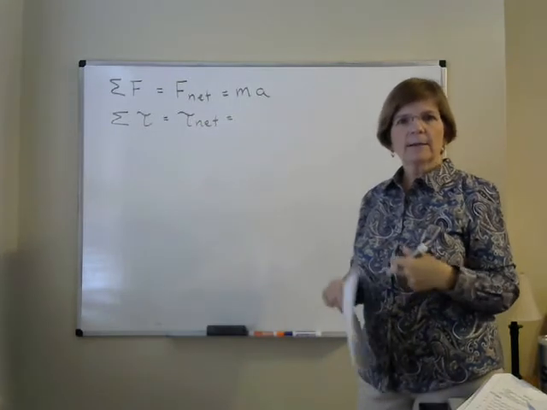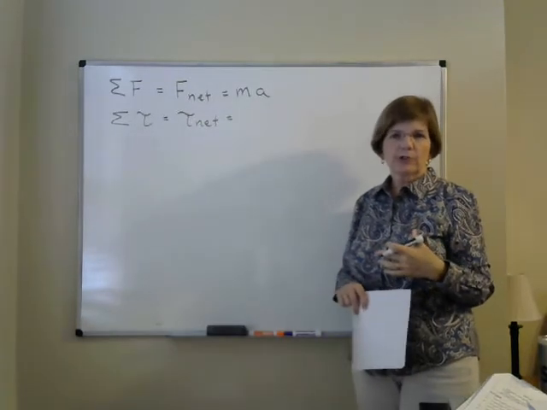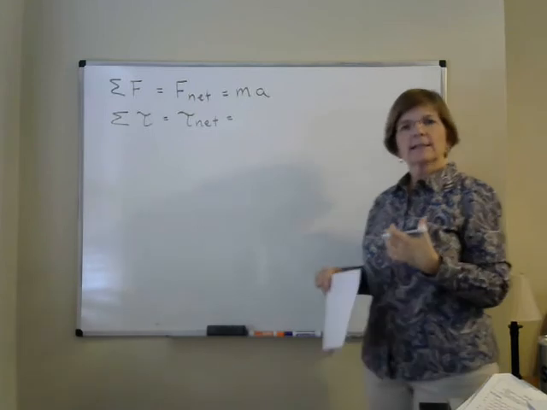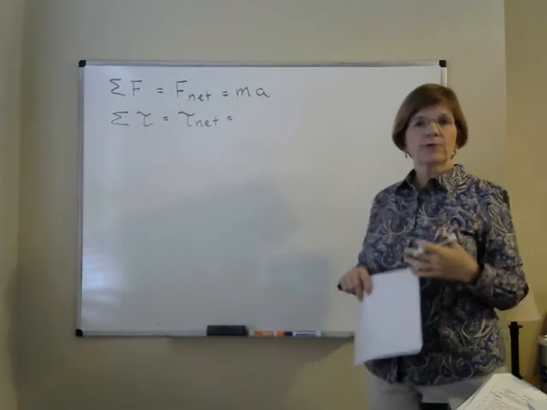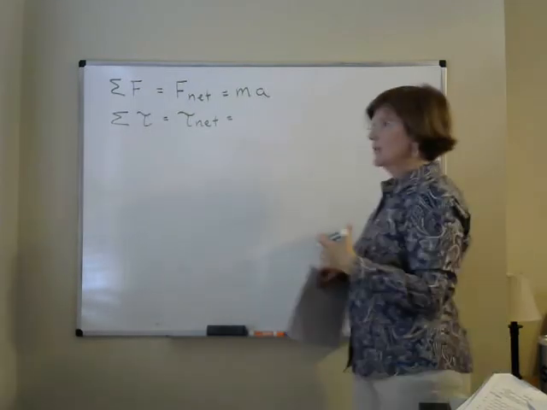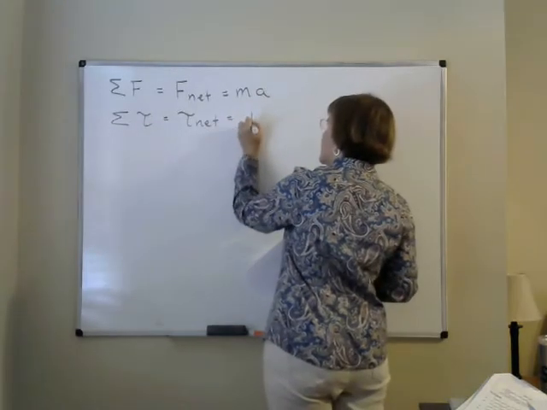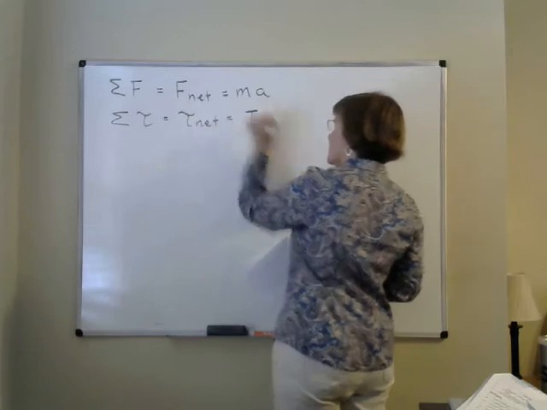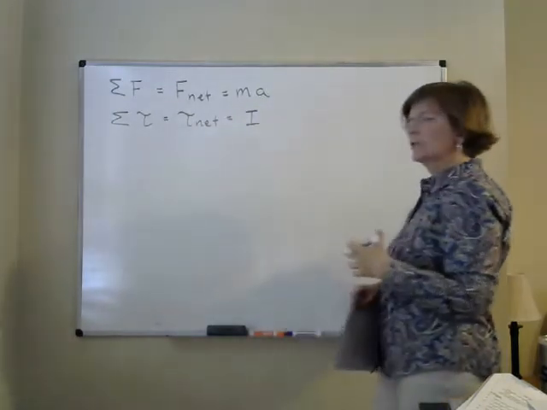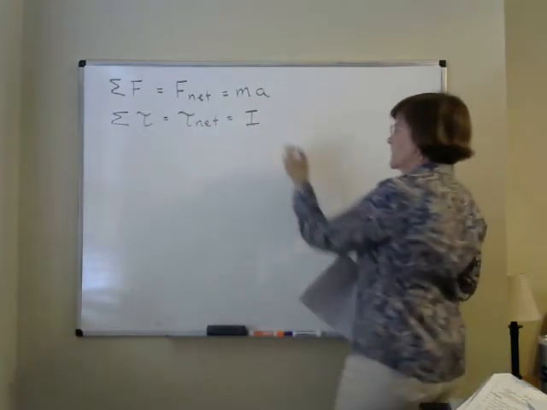When we're talking about rotational motion, it's not the mass that's significant, it's the distribution of that mass, which we use the moment of inertia to describe. So this is I. And of course, we're talking about rotational acceleration. So that's alpha.